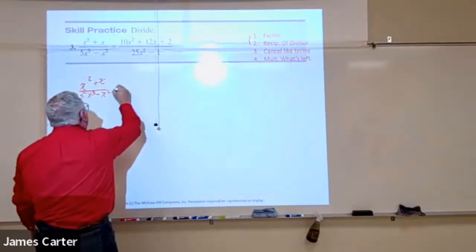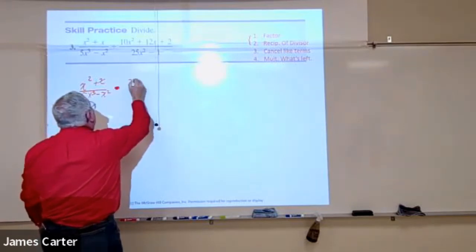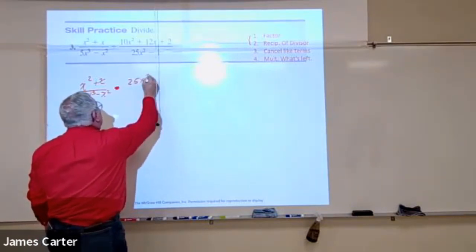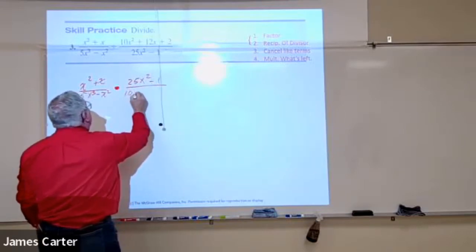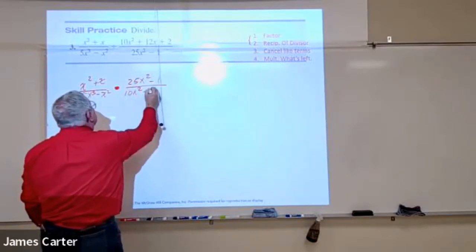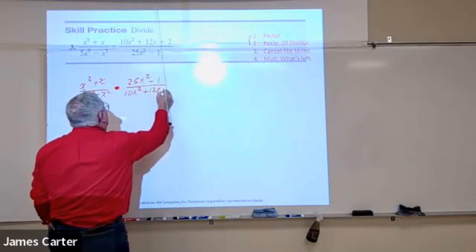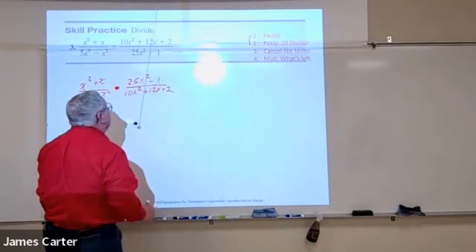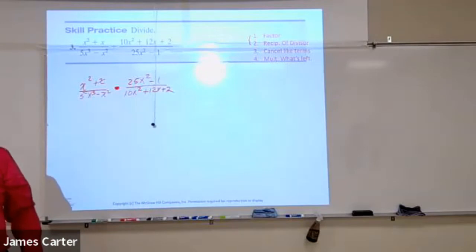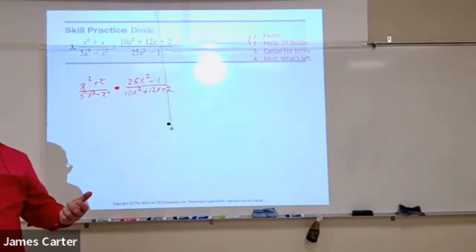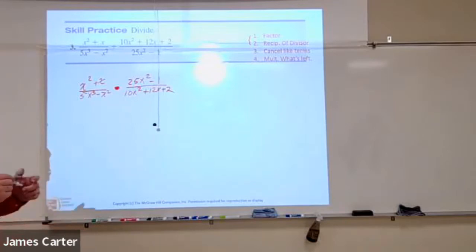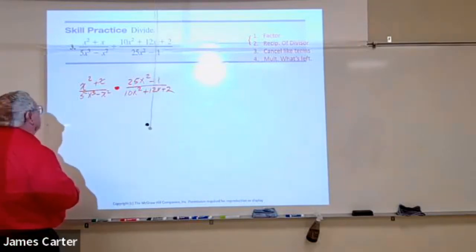Times 25x squared minus 1 over 10x squared plus 12x plus 2. Now, in some ways, it's better to go ahead and flip it first so you don't get busy and forget. Just as a suggestion.